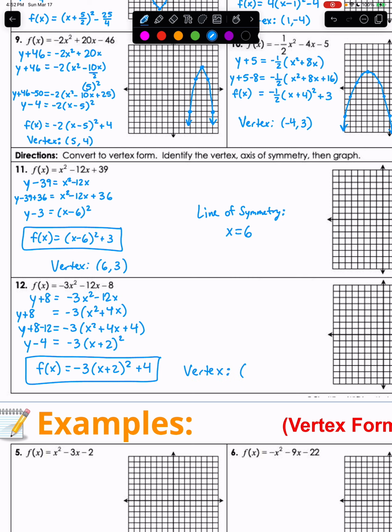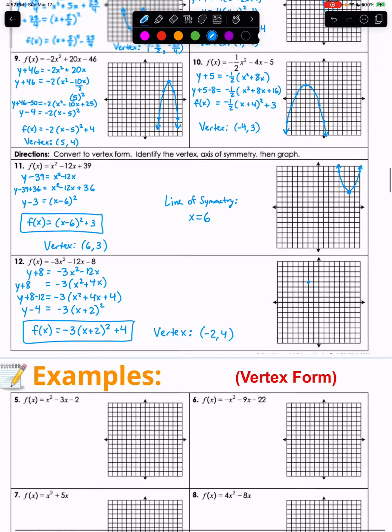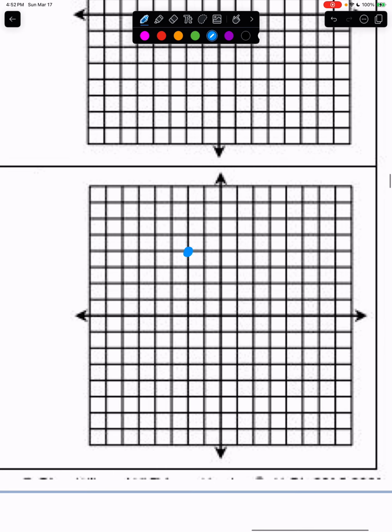It just keeps going over and over, and we keep using it over and over. So -3 is my scale factor, so I'm going to be arrows down, and for every 1, I have a scale factor of 3. So instead of 2 going to 4, I'm going to have 2 going 4 times 3, which is 12. And it looks like it barely fits. Oh my goodness, look at how steep this parabola is. Super steep.